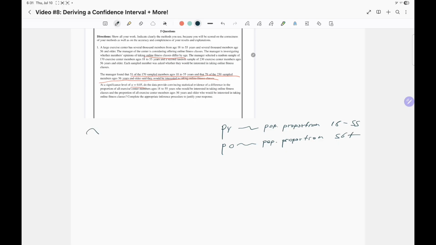And they also gave us that alpha equals 0.05. So when we find our p-value, we're going to be comparing that to our alpha to see whether we reject or fail to reject our null hypothesis.